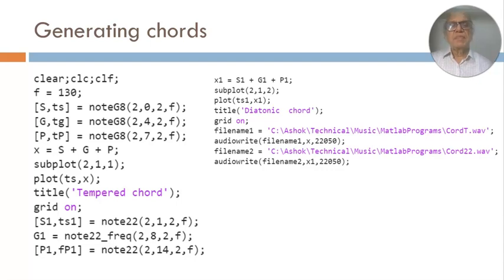For example, he will press Shadaj, Gandhar and Pancham, all the three together. When he presses them together, what happens? The three sounds will come out of the keyboard instrument. They get added in the air before they reach the ear. So when we want to generate a chord digitally, what we do is we generate three different notes. So Shadaj, Gandhar and Pancham, and simply add them.